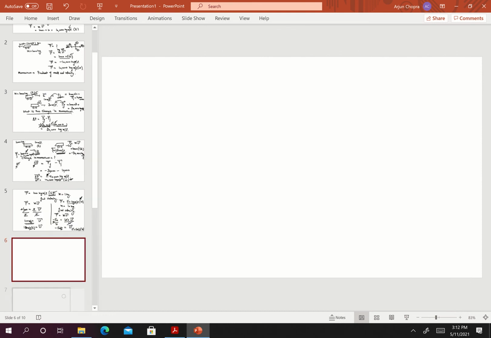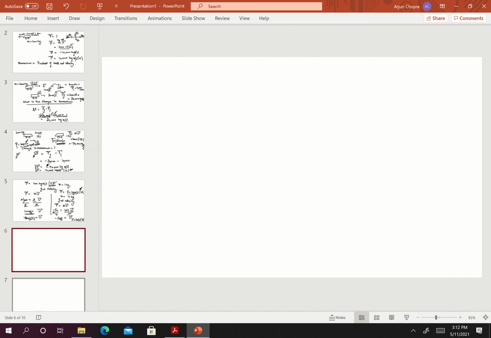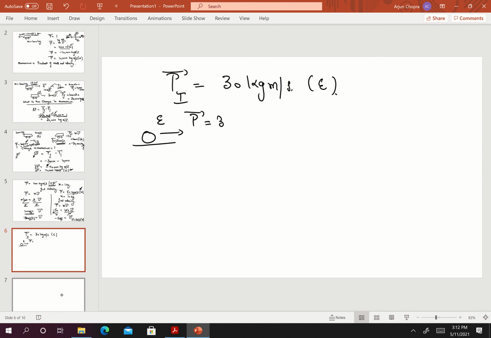Now let's make these problems a little more complicated. So let's say the momentum given to me is 30 kg meters per second in east direction. That's the initial momentum given to me of an object. So there is some random object which is moving in east direction and has a momentum of 30 kg meters per second.